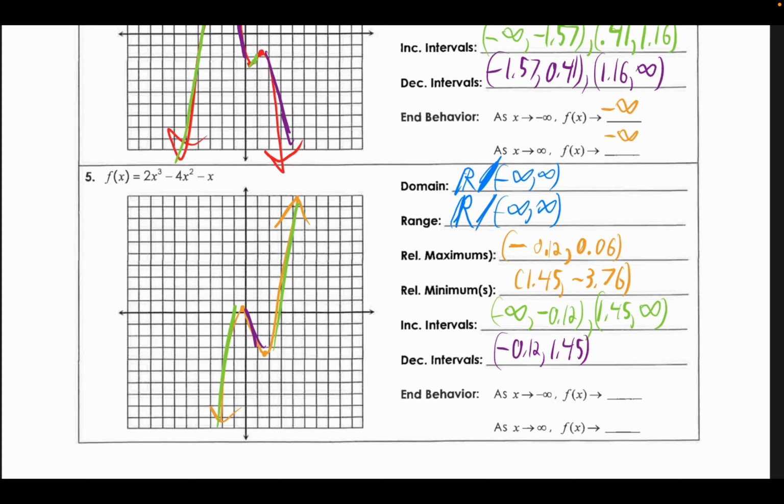And then last but not least, the end behavior here would be as x goes to negative infinity, y goes to negative infinity. And as x goes to positive infinity, forever right, y goes forever up to positive infinity as well.